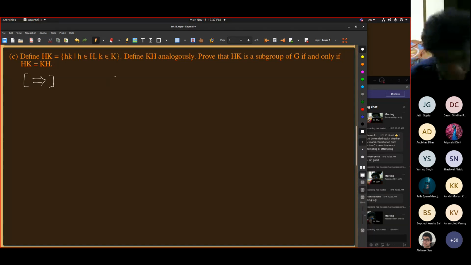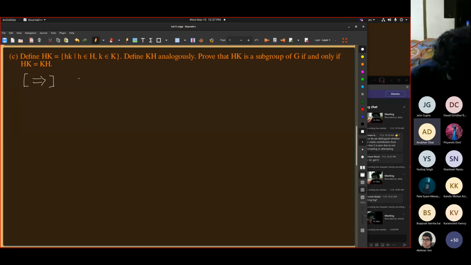So we'll take a belongs to HK and a doesn't belong to KH and disprove it, meaning prove that it is not correct. You can do that, but since I'm running out of time, maybe this is slightly long.